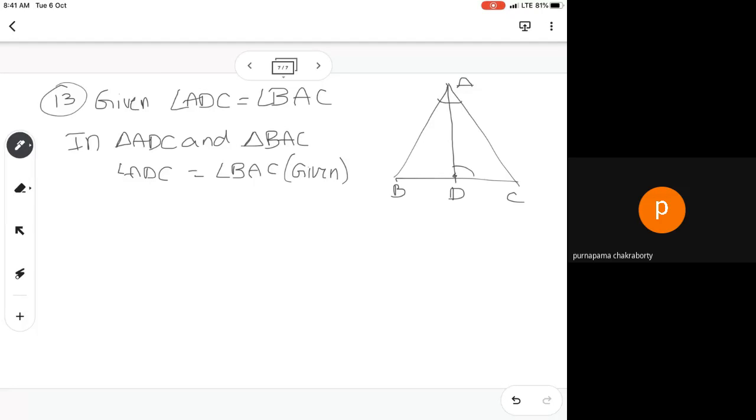Angle ACD equals angle BCA, because it is common.